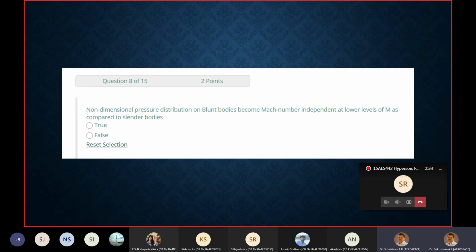That's why the independence of pressure distribution from Mach number is observed earlier than in the case of slender bodies. So it's an experimentally verified conclusion, which means the statement is true. So true is the correct answer.